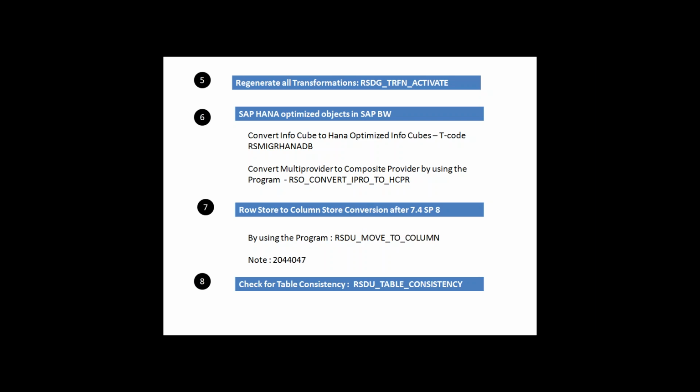Then I can use this program RSD_MOVE_TO_COLUMN, where you can move the row store tables to column store tables, so that it improves my reading performance. Statistics tables are like system tables, but I'm using them more for reading, so I want to convert them to column store.